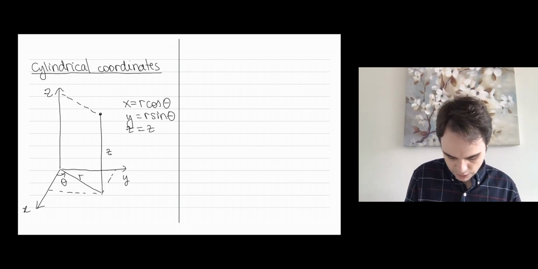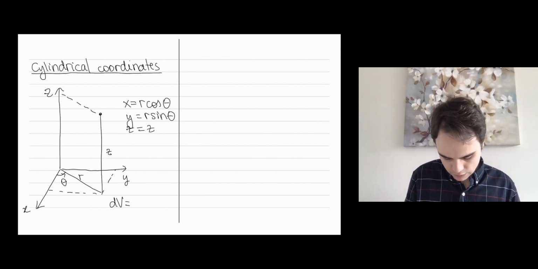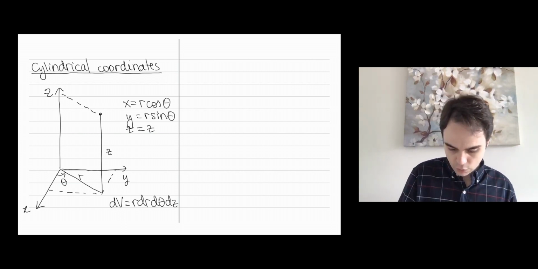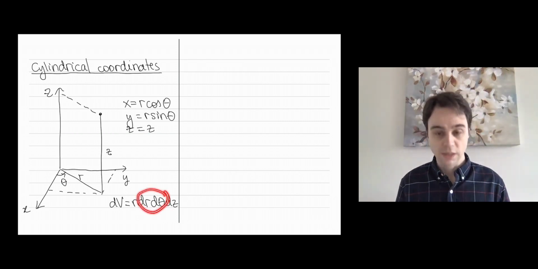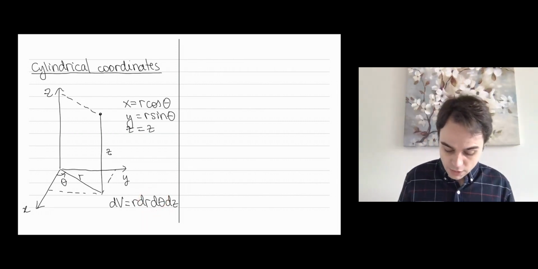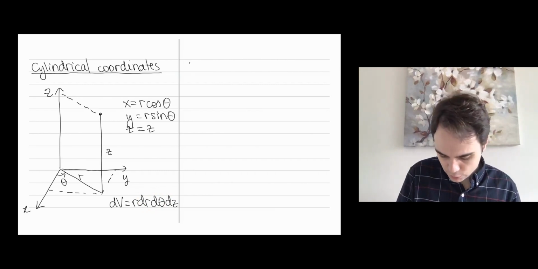And of course, the volume element, dV, is r dr d theta dz. Or maybe you want to put dz in front, but usually you want dr and d theta in this order. So we learned about cylindrical and we learned about spherical coordinates.